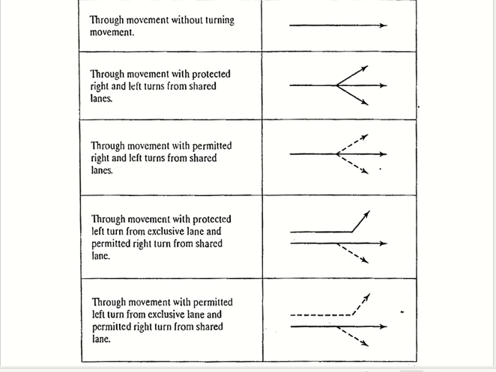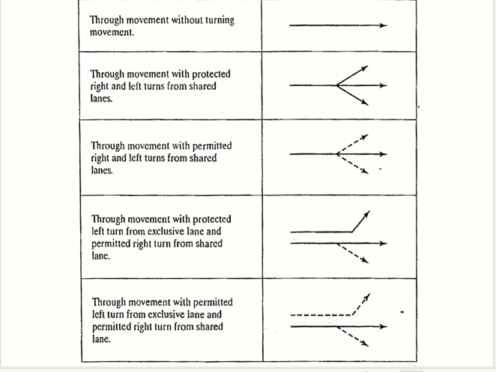What I call lanes. Anyway, the point is, different lines mean different lanes. The same line means the same lane, even if the movements are different. So this one shows a combined lane for 3 movements, and this one shows 2 lanes. One is only for one movement. This one is combined.